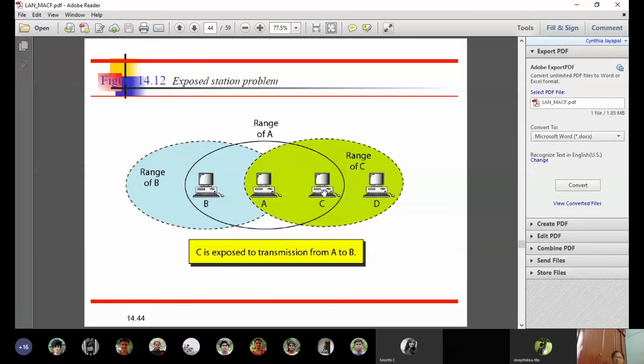But in this case A is transmitting only to B, so even though C is transmitting to D, there will not be any collision. So this is called the exposed station problem.